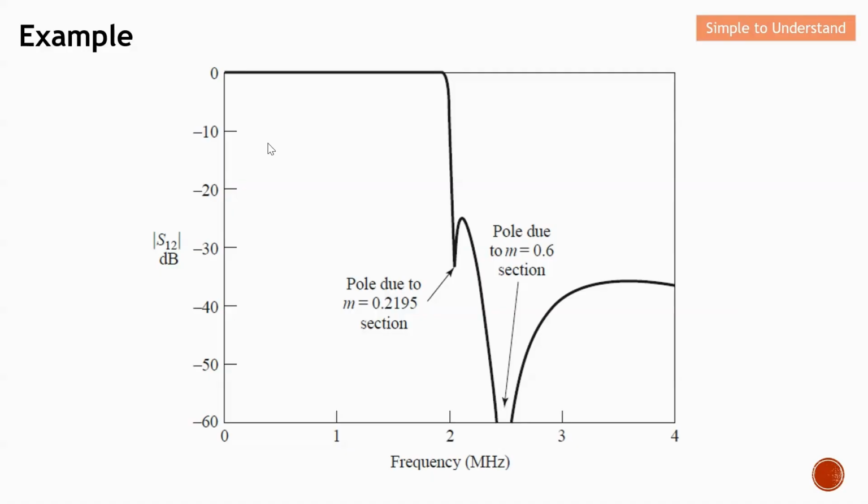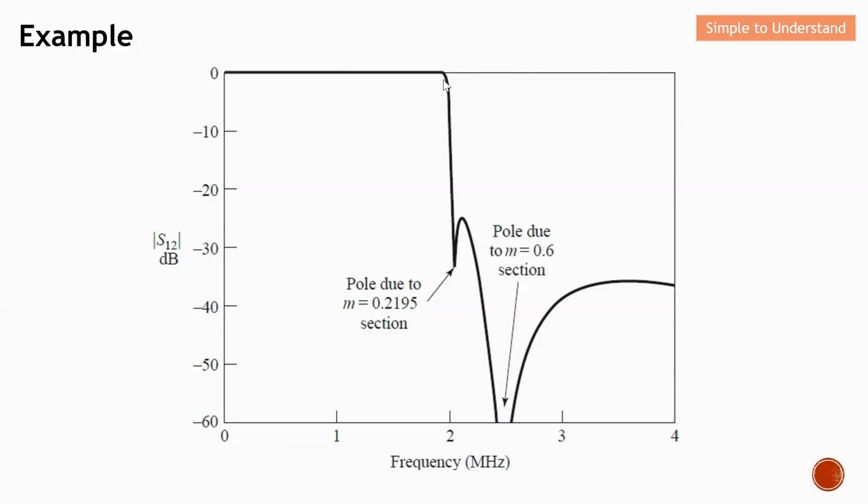This will be my last slide for this video. This diagram shows the frequency response from 0 to 4 MHz. This is for the low-pass filter. From here, you can see that this is the S12 diagram. You can see that from low frequency, every component is able to pass.